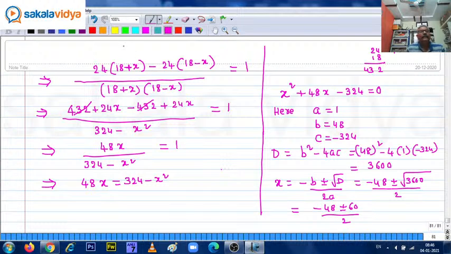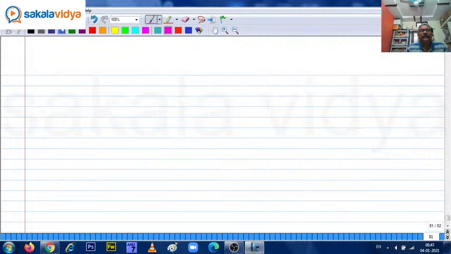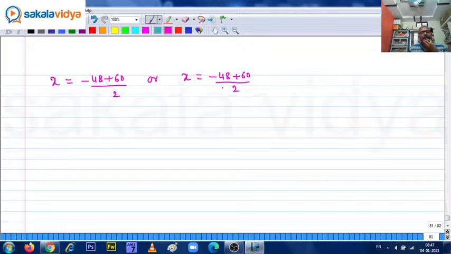So we get x is equal to minus 48 plus 60 by 2, or x is equal to minus 48 minus 60 upon 2. 60 minus 48 is 12. 12 upon 2, this is 6. The other will be negative, minus 108 by 2 is minus 54.